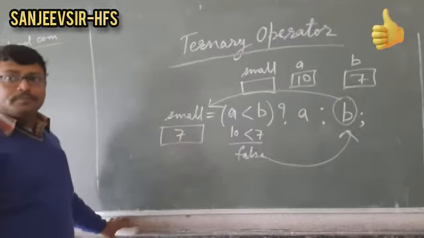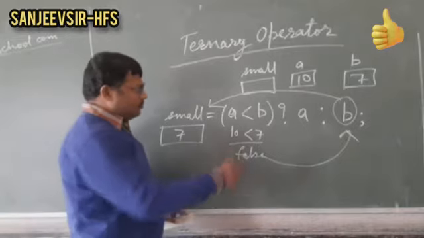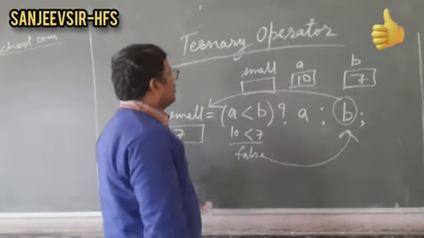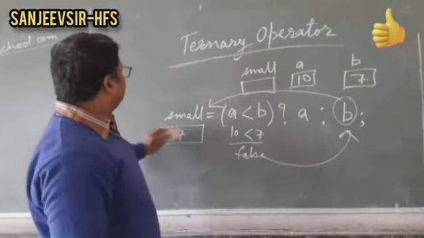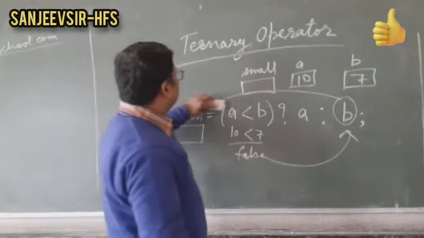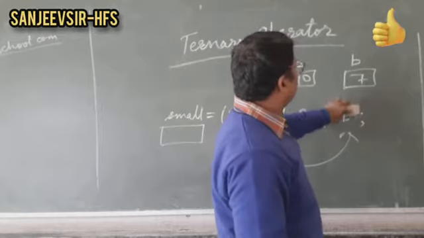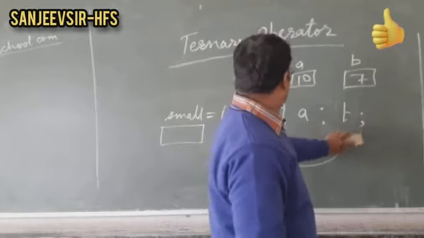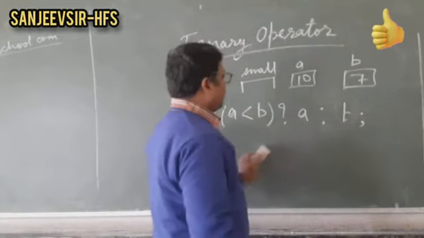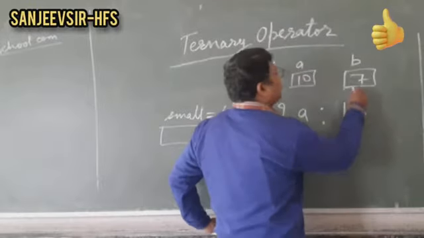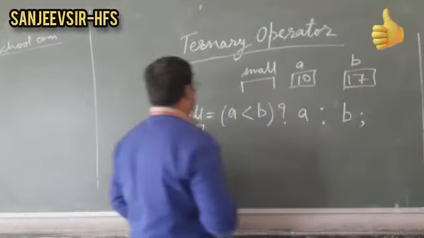Okay. Now another example we take after this. Suppose here B is having 17, A is having 10.